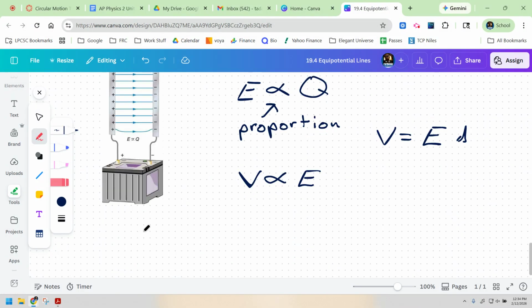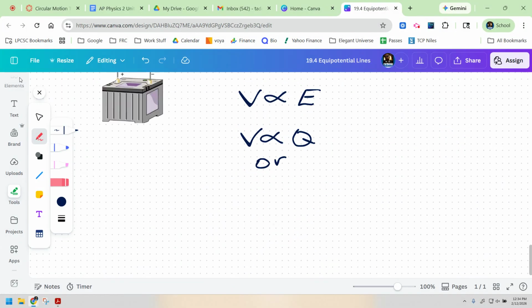And if that's the case, then that means that V is directly proportional to the charge Q, or I should actually write this the other way. Q is directly proportional to voltage, right? So our charge is directly proportional to our voltage.